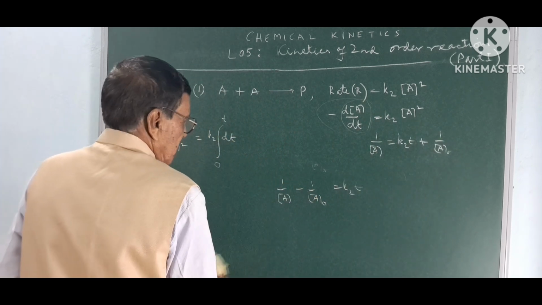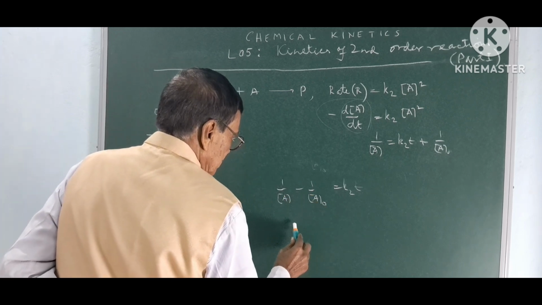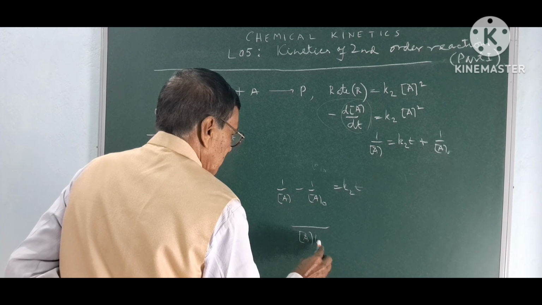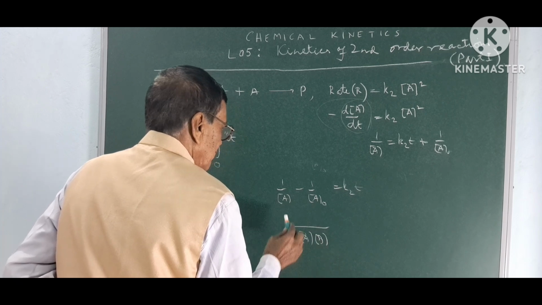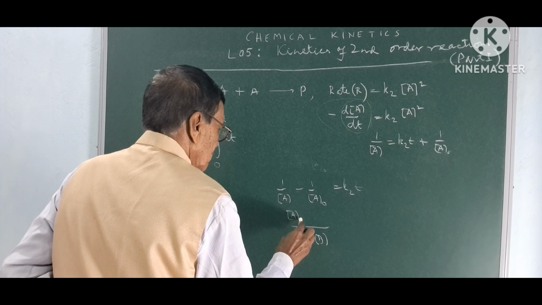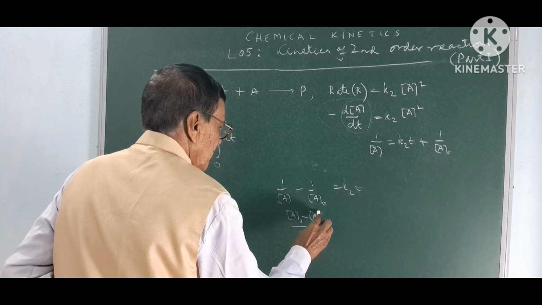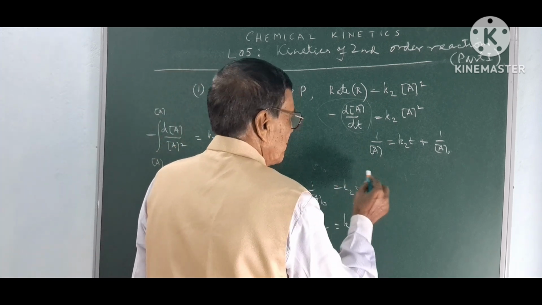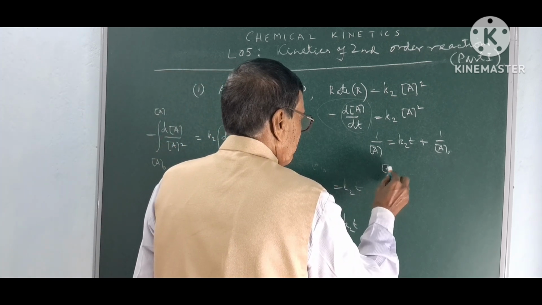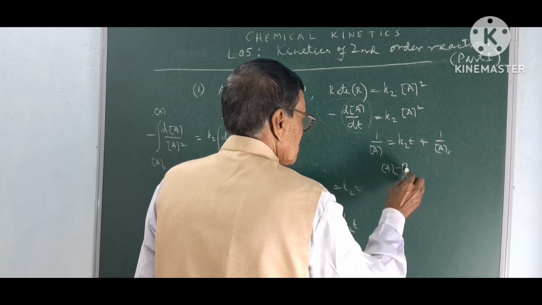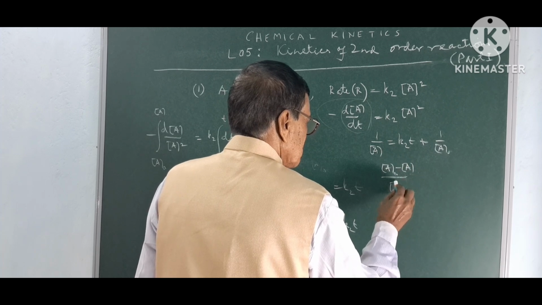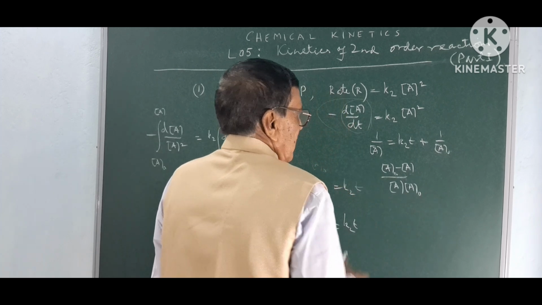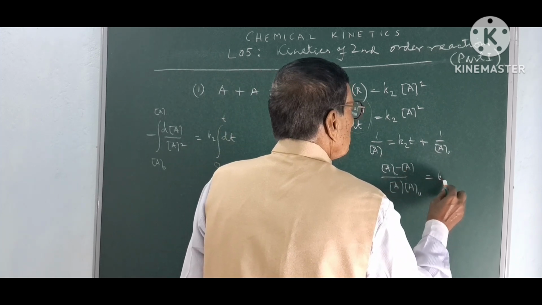The second form can also be obtained here by taking the subtraction of concentration of A naught minus concentration of A, divided by concentration of A naught, equal to K2T.